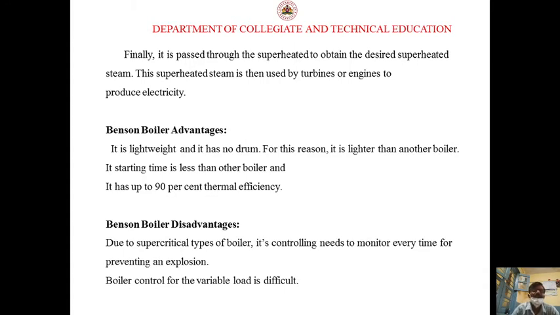Finally, it is passed through the superheater to obtain the desired superheated steam. This superheated steam is then used by turbines or engines to produce electricity.